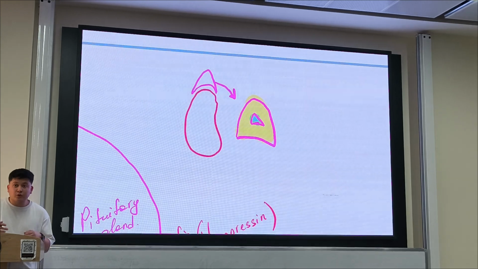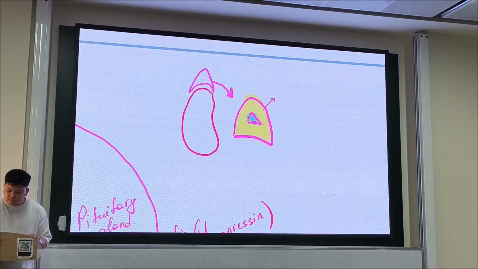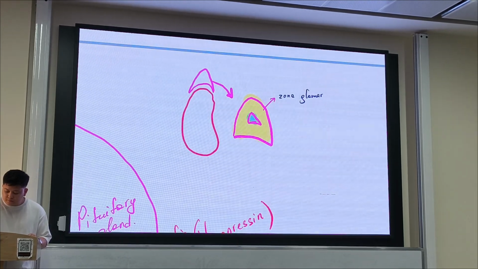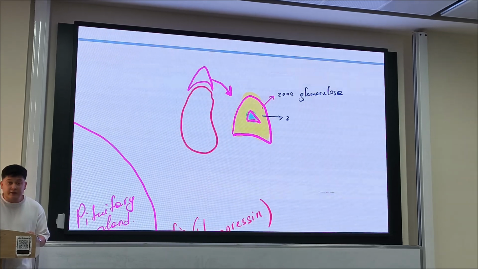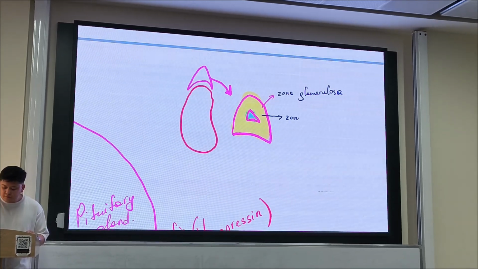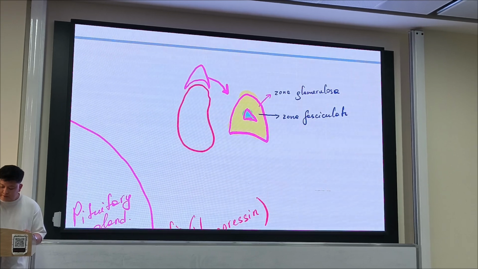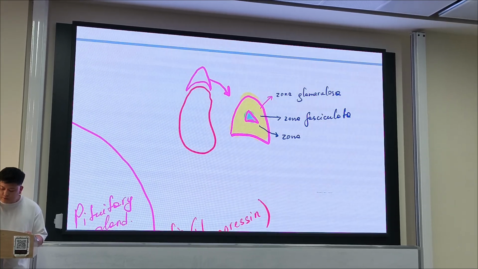I divide the cortex also into three parts. The first is zona glomerulosa. Second is zona fasciculata. And the inner portion of the cortex is called zona reticularis.